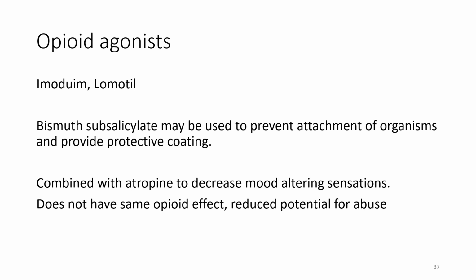So this is one that you're giving for diarrhea, but it's an opioid. So remember that an opioid agonist could potentially cause constipation because that's what opioids do. That's a side effect. Okay, so teach your patients to just be cautious in using them.